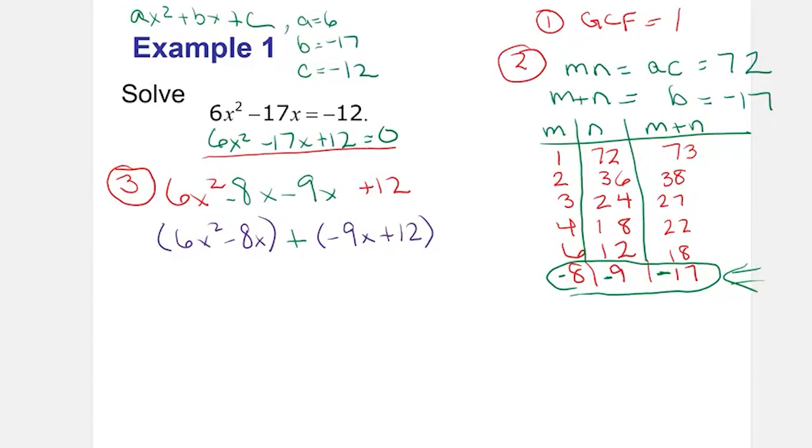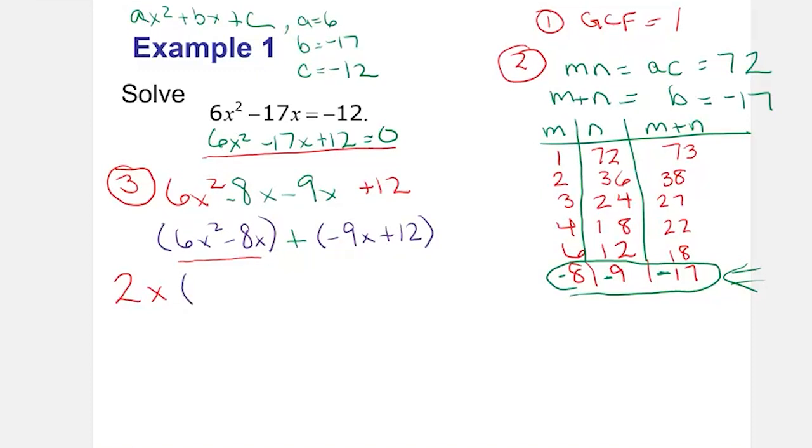Okay, now, what I want to know is, what is my greatest common factor in my first group? Well, they're both divisible by 2, and they're both divisible by x. So 2x is my greatest common factor, and then I'm kind of reverse distributing, right? Or you could say you're dividing each one of these.